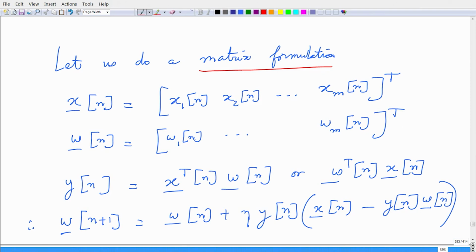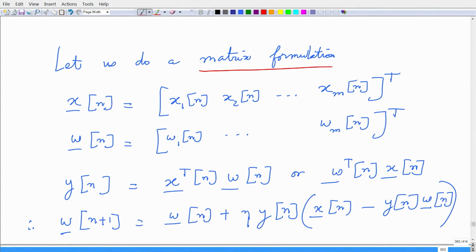So, you will need both of these. Just glancing at x transpose w or w transpose x, it is the same. It does not make sense why we write it in these two forms, but you will appreciate these alternatives when we involve matrices.